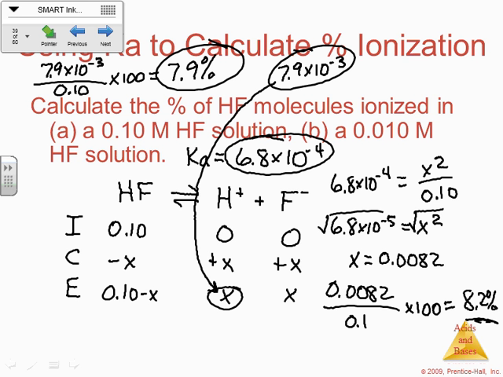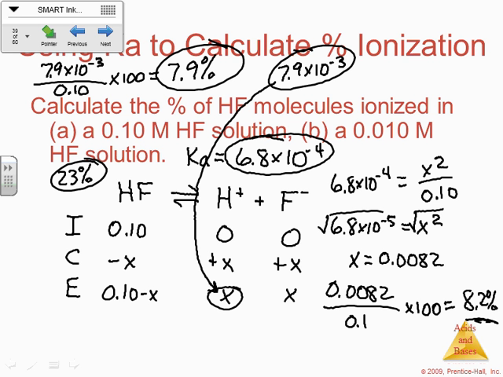Now it's interesting that the percent ionized here, if you look in the book, for the second one, ends up being 23% once you work it through and solve it the exact same way. 23% for letter B, which I think is kind of interesting because that's a much higher percentage than when you have the higher concentration, right?